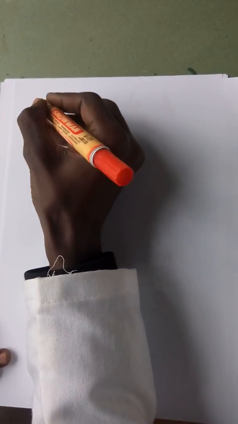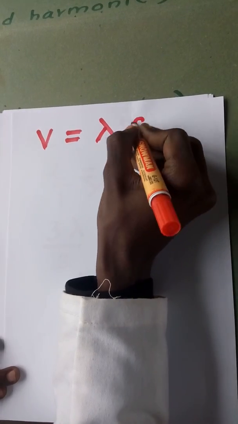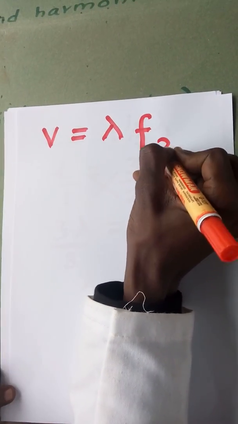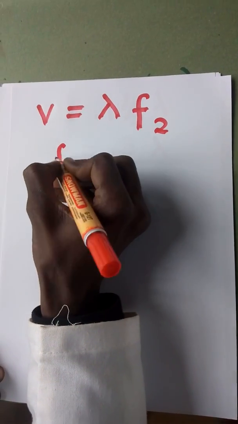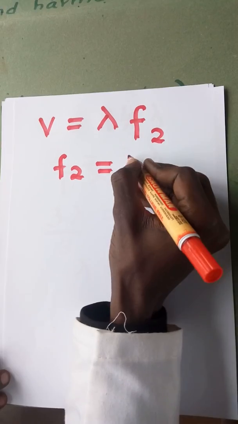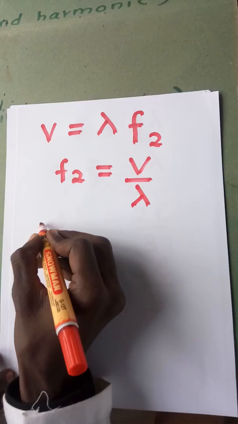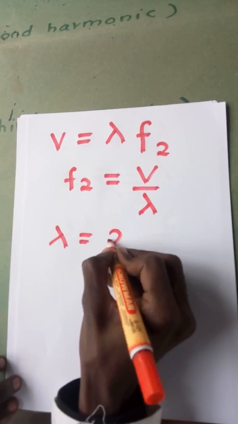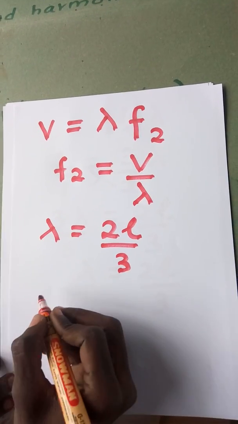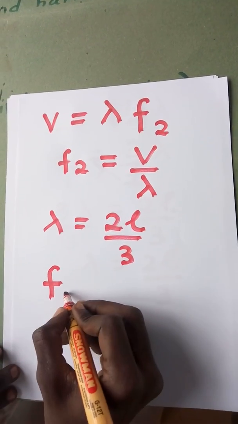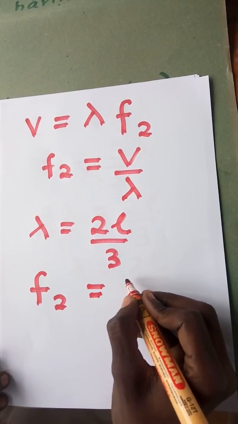Okay, from velocity equals wavelength times frequency, this is the frequency of the second overtone. So we make frequency the subject of the formula: frequency of the second overtone is equal to velocity over wavelength. But wavelength is equal to 2 times length of the string over 3. So we substitute into the equation.